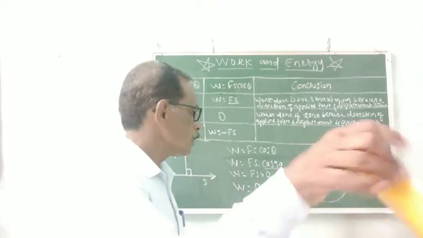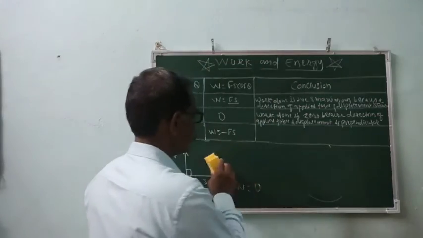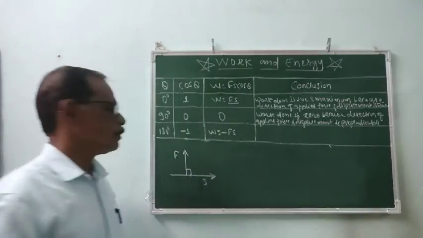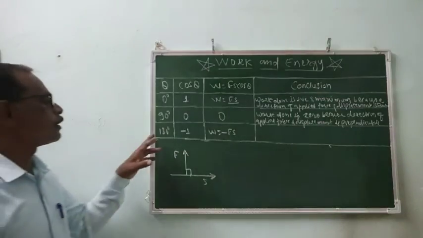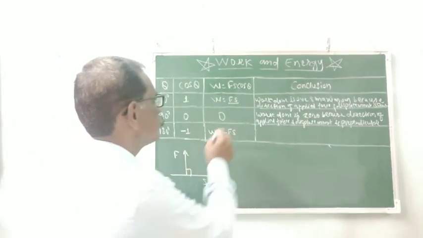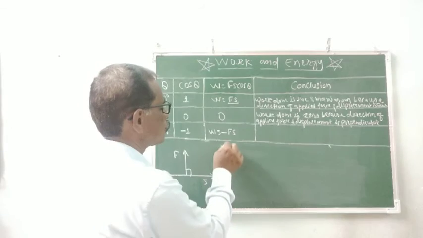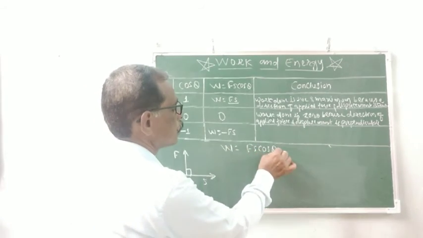Now see in the third condition, we have the value of theta, that is 180 degree, and in this condition we calculate the work done, that is W equal to Fs cos theta.